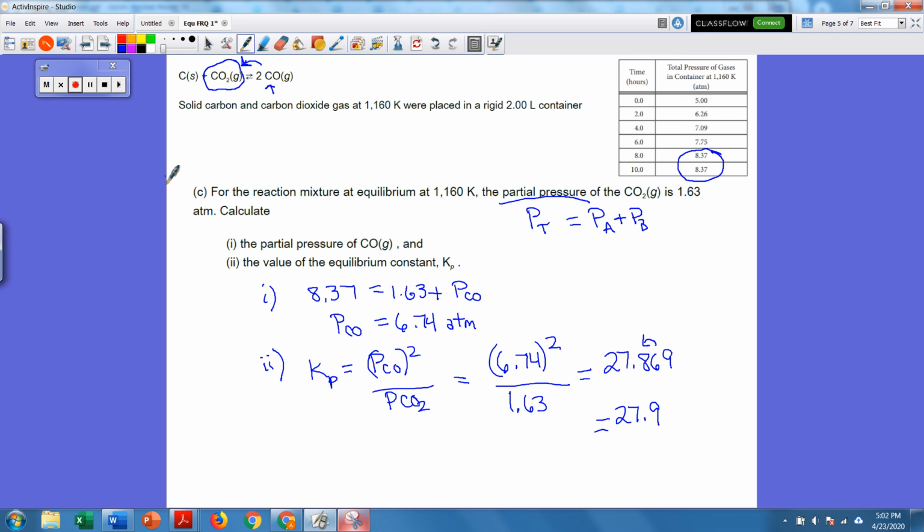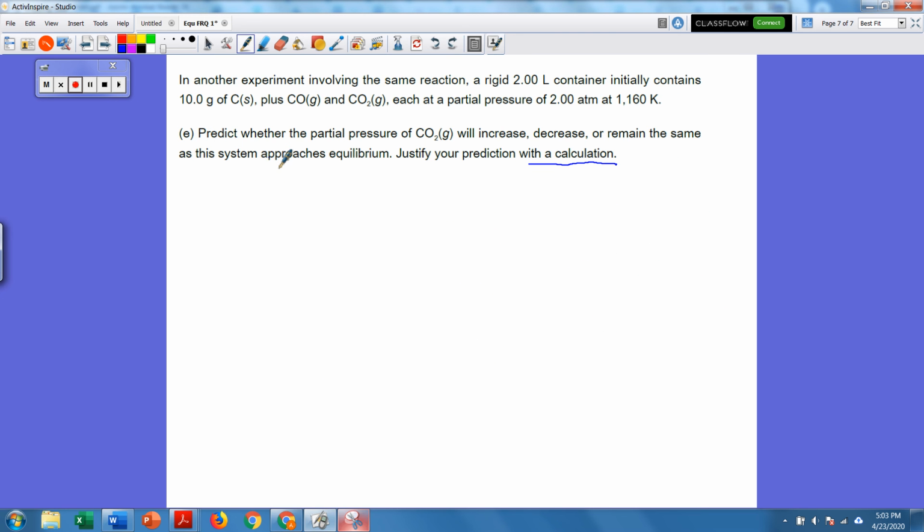So we can imagine in our heads, without even doing a calculation, that we're probably going to be increasing the pressure of our carbon dioxide, given those new initial starting conditions. But we need to do a calculation. What kind of calculation can use our initial pressures?